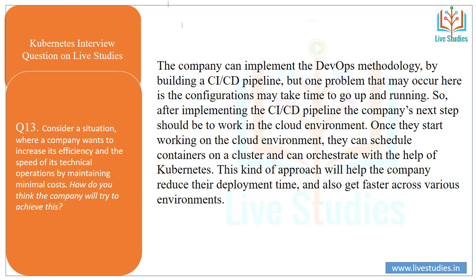After implementing the CI/CD pipeline, the company's next step should be to work in the cloud environment. Once they start working in the cloud environment, they can schedule containers on a cluster and orchestrate them with the help of Kubernetes. This approach will help the company reduce deployment time and also get fast access across the various environments.